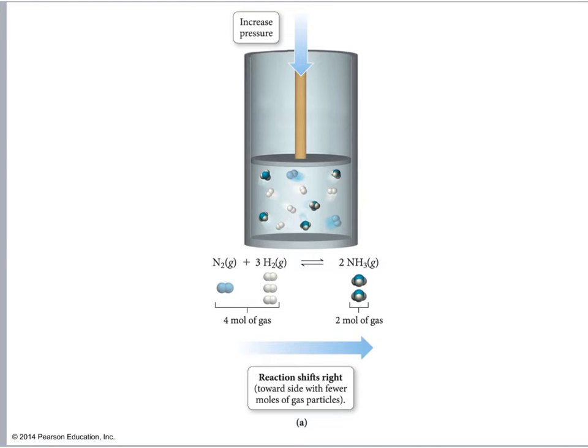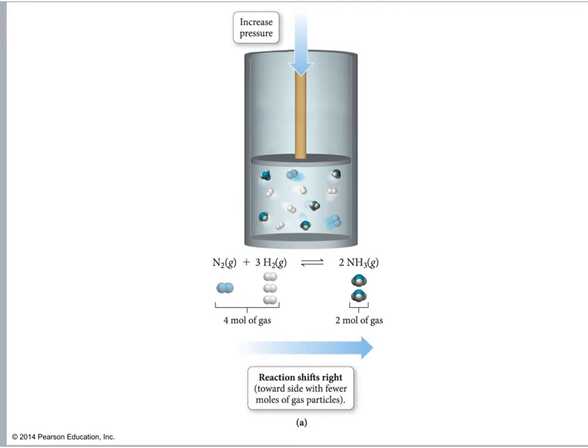So now if we talk about gases, there is an applied pressure that we can talk about. And when we increase the pressure in a system, the reestablishment has to actually move to the side with fewer gas particles.